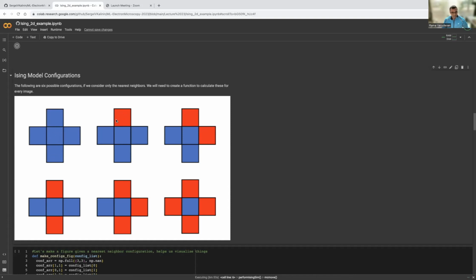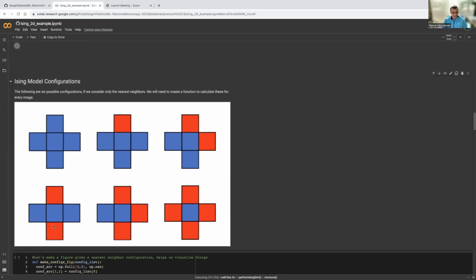Similarly, if we have a single alternative spin on any of the four corners, then those are all equivalent. And similarly, if you have two of the alternative spins on adjacent sites, then that's equivalent. So this would be equivalent when these two are on this side as well, or on this side, for example. Those are all the same. And similarly, if we inverted the colors, they would be the same.